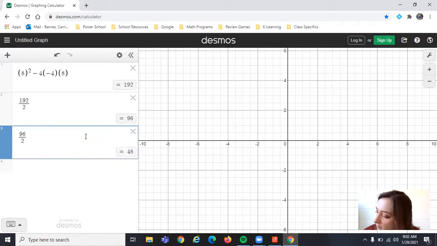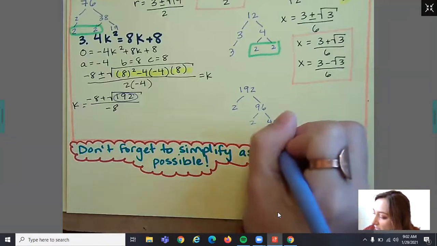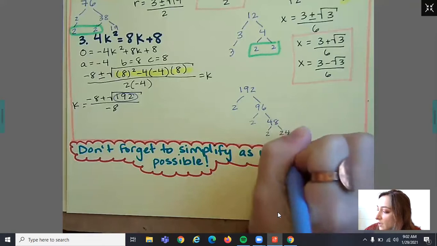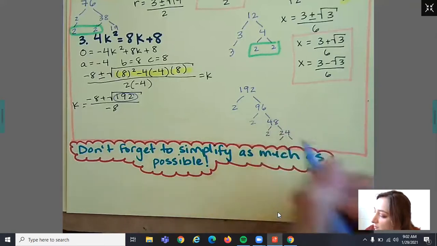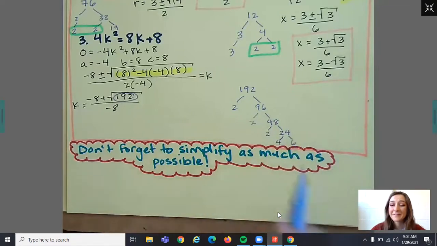Going to get 48. All right, coming back. 48 is also divisible by 2, so we can divide that by 2. 2 and 24, and then 24 is divisible by 4 and 6.